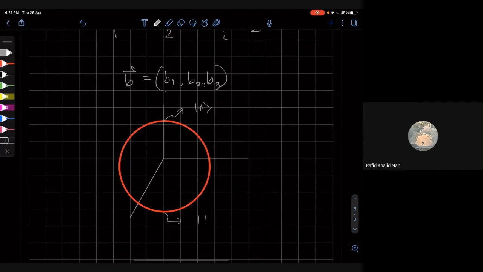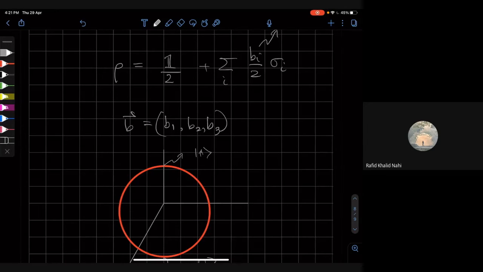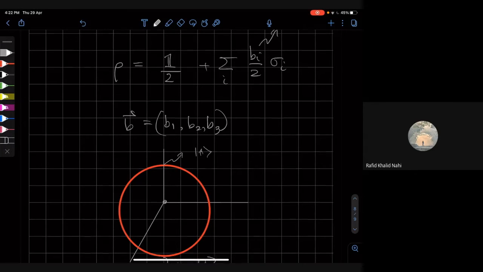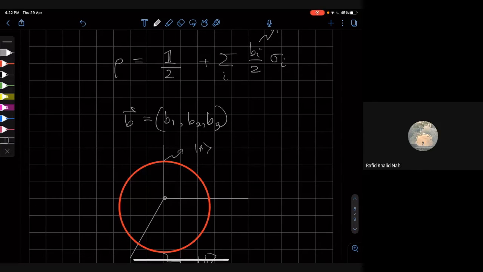So if this is the North Pole, you can show, and this is something we are going to be exploring in the tutorial, that you can think of it as a vector going from the center up to here.